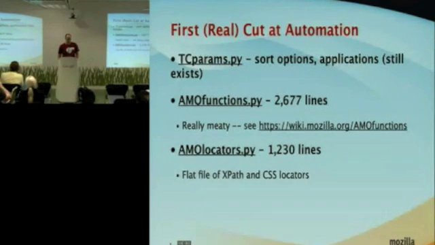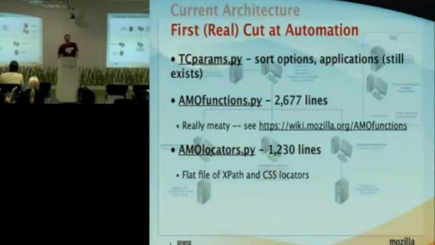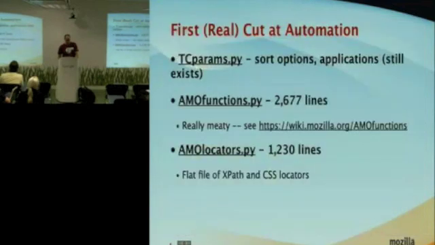What's really huge is amofunctions.py, which I guess I have to control-click to get that going. It's really big. You can see the number of lines, and I'll post these slides up on slideshare.net as well.